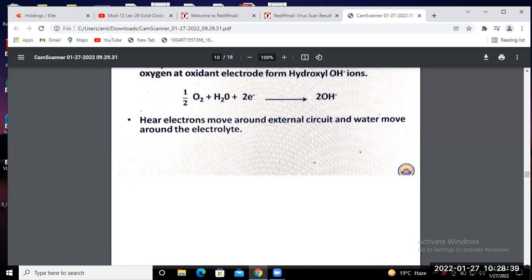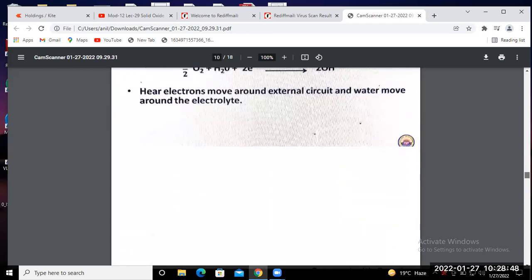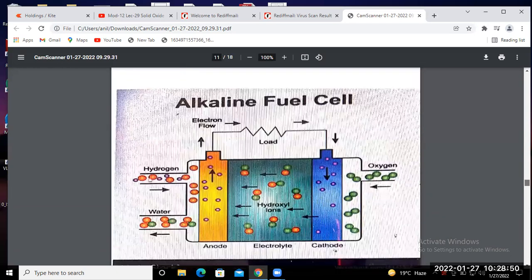So this is the representation of the alkaline fuel cell. We find out the connection of the load, how we can connect it through the alkaline fuel cell.